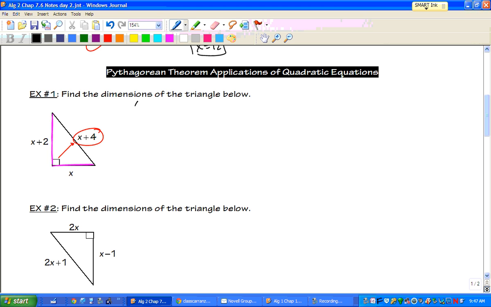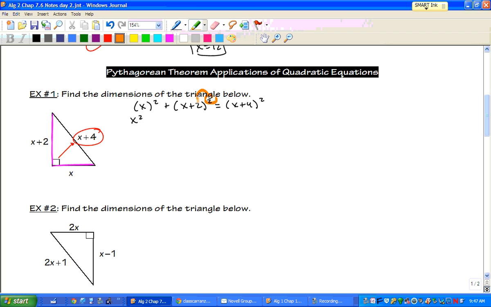Okay? So we have x squared plus x plus 2 squared equaling x plus 4 squared. So we have x squared.